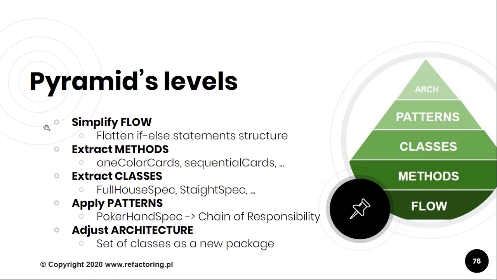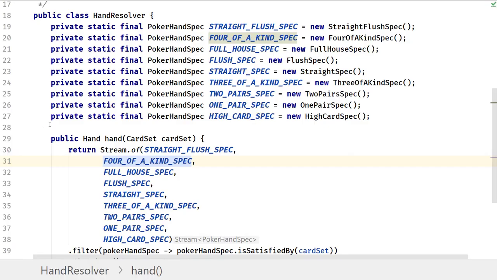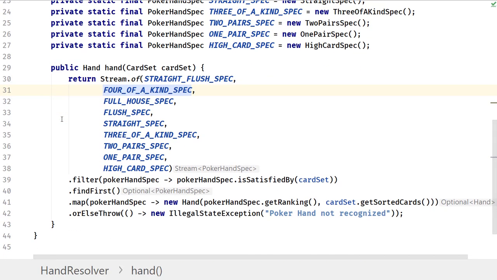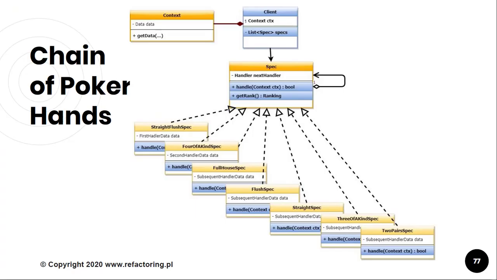This interface allowed us to join these classes, to hide these classes behind it, and to put these classes into chain of responsibility. Here is the chain of responsibility that implements one of the design patterns. And this way, the logic has been spread across multiple classes with small single responsibilities.